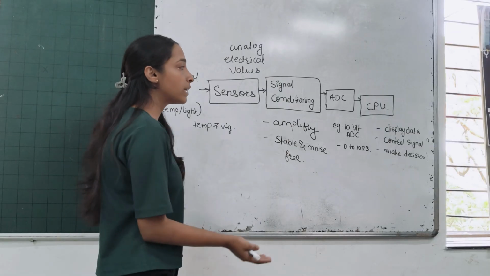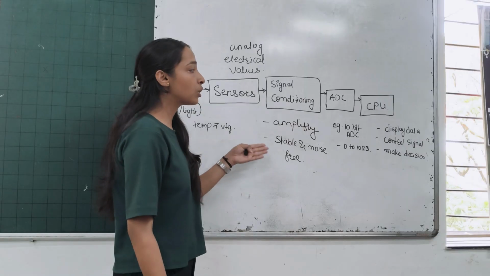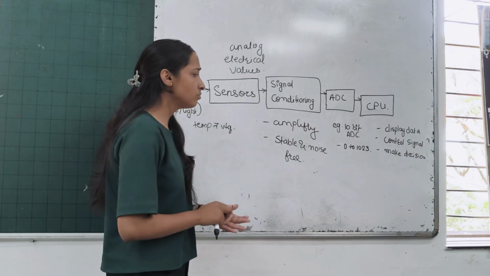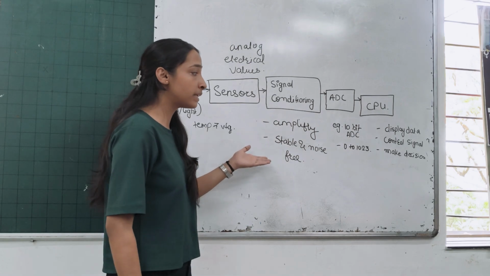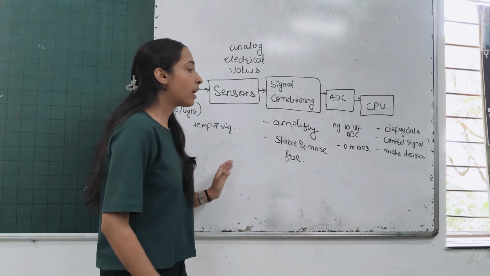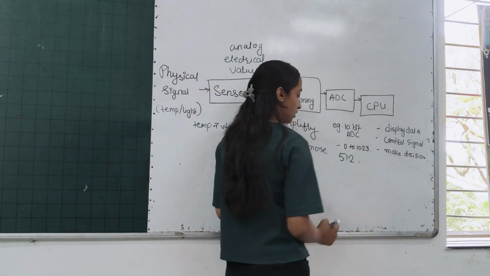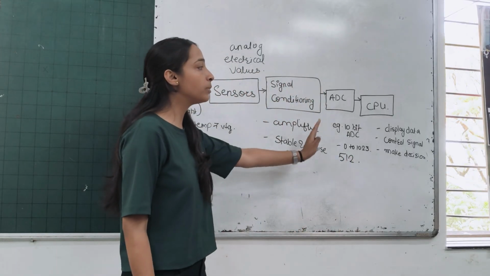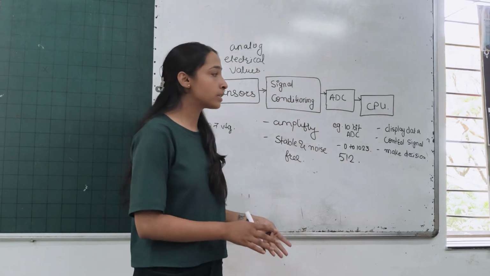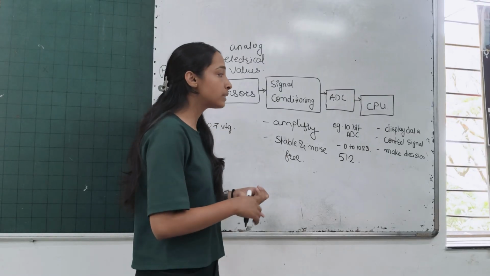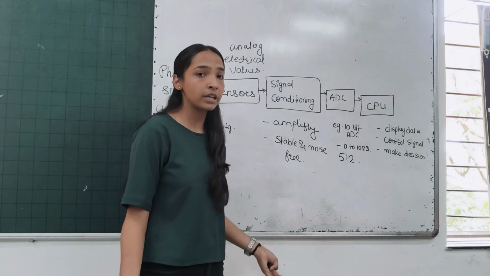Then it will be given to an ADC converter. The ADC converter will convert the analog value into a digital value. For example, if we are using a 10-bit ADC and we want 5 volt, the value will be, for example, 512 in digital. The digital value will be given to the CPU for processing. The CPU will process the data, it will control the signals, it will make decisions and display the data.